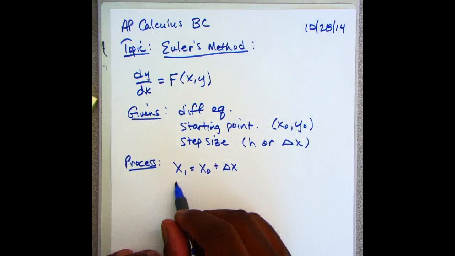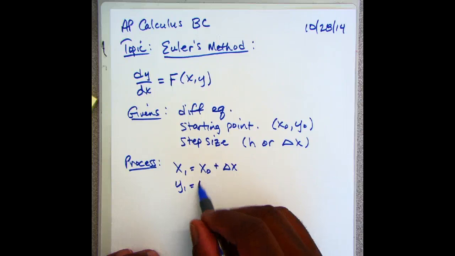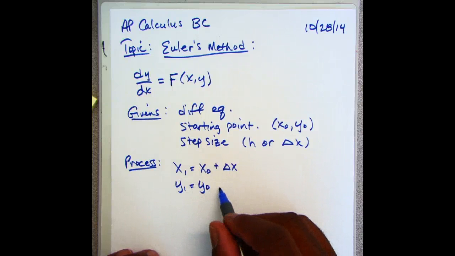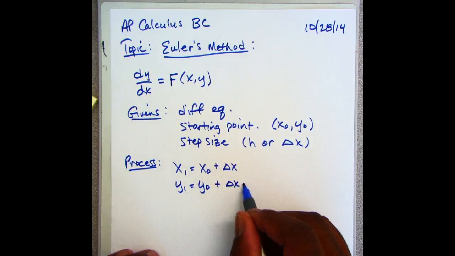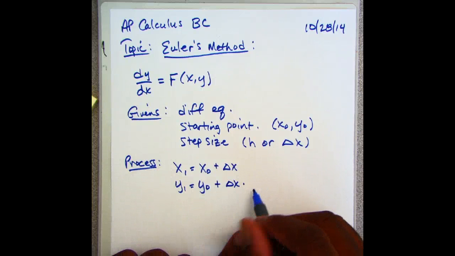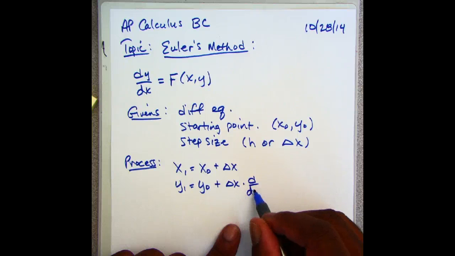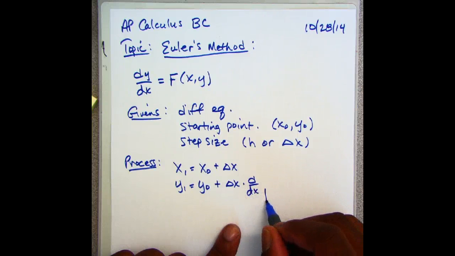Whereas y sub 1 would be our initial value of y plus delta x times, now here we're going to take the derivative, our differential equation, and evaluate it at x0, y0.